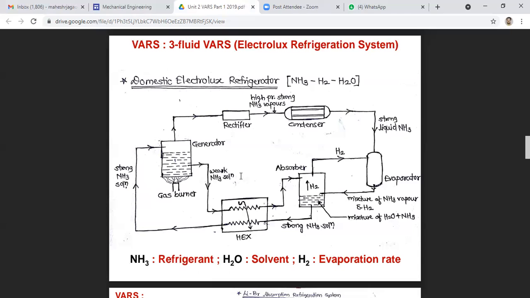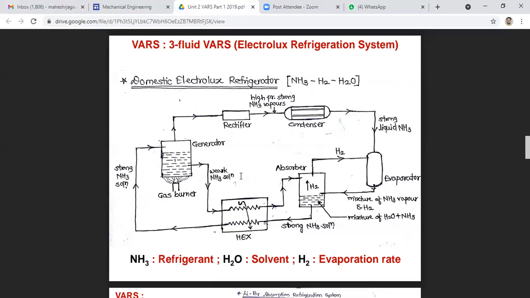Ammonia is used as a refrigerant because it possesses most of the desirable properties. It is toxic, but due to the absence of moving parts, there is very little chance of leakage, and the total amount of refrigerant used is small. So we are using ammonia. Next, the hydrogen.